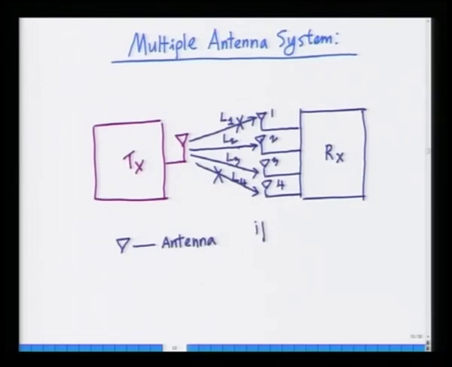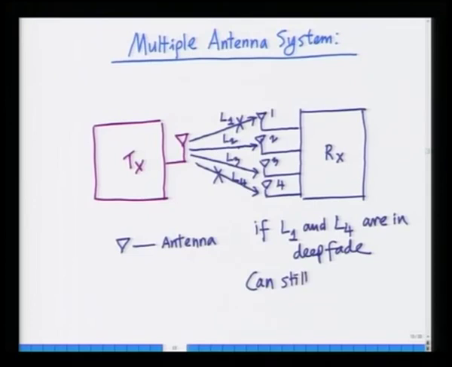That is, if L1 and L4 are in deep fade, I can still receive information over L2 and L3. So, that is the essential idea.